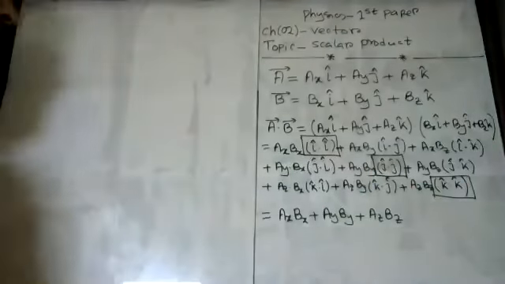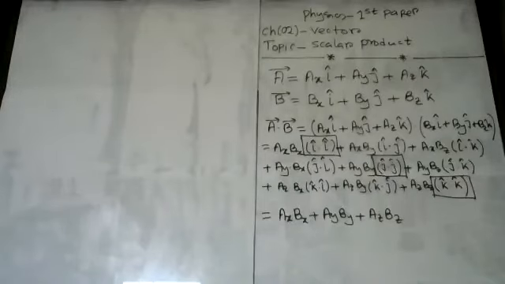So if vector a is given and vector b is given, and you want to find their dot product, the thing is very simple: it is just ax bx plus ay by plus az bz. This will be the scalar product. Now, on the basis of this theory, I'm going to solve a mathematical problem, my dear student.